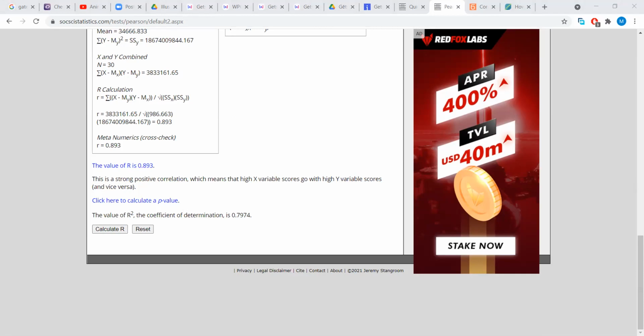But what happens if I have, for example, this is y and this is x, and the line goes like this? What do you think about the correlation value?